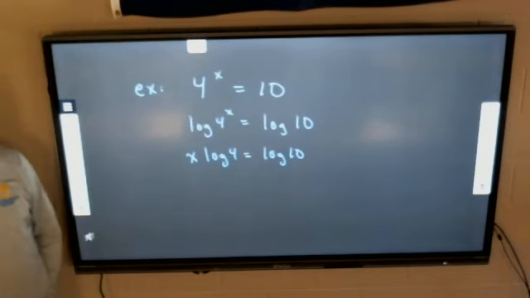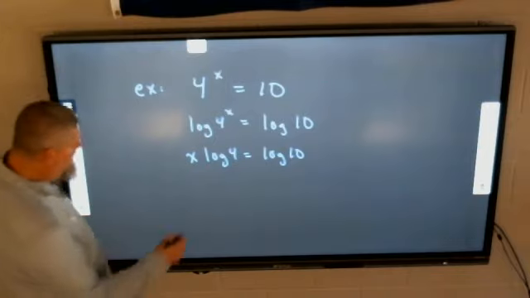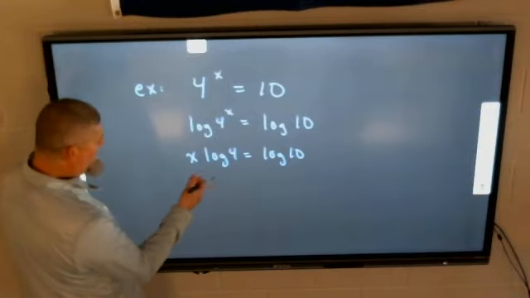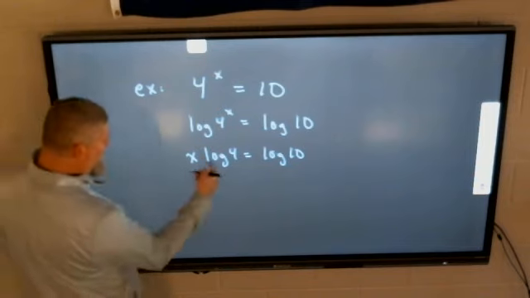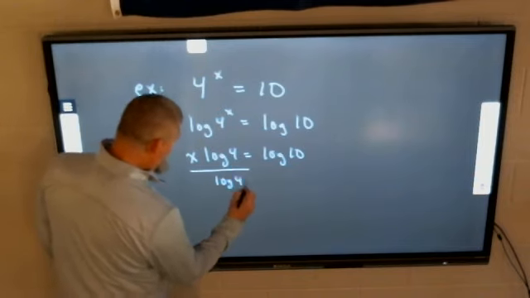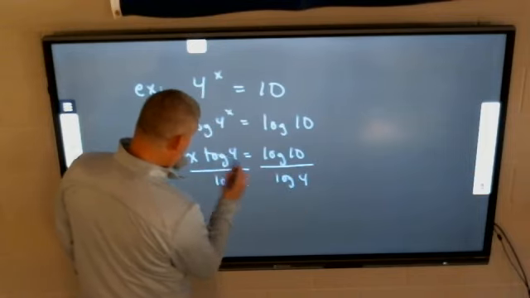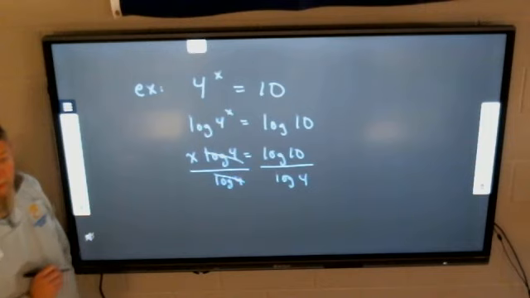Now remember, the log of 4 is just a constant. You put your calculator, hit log of 4, it's going to give you a number. So it's just like saying 4x or 5x or 10x. So to get rid of it, I simply divide by the log of 4. Wouldn't the 10 be 1?